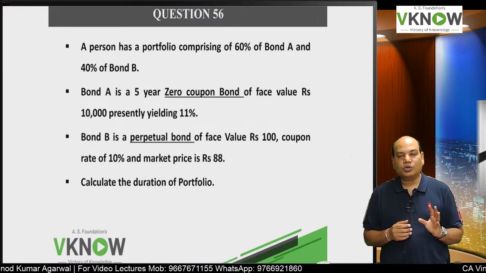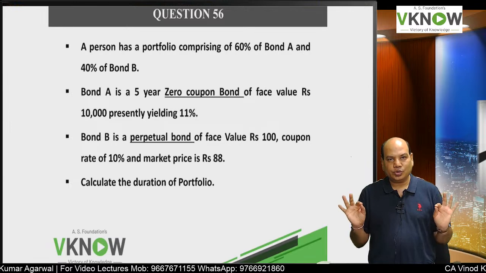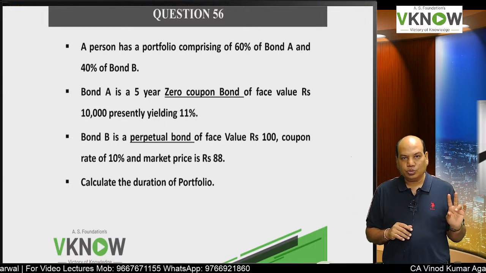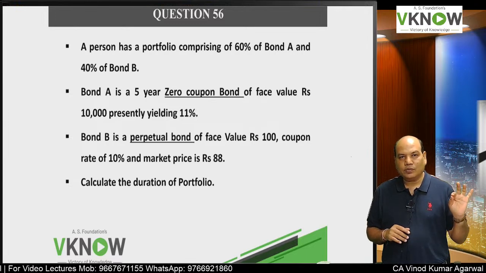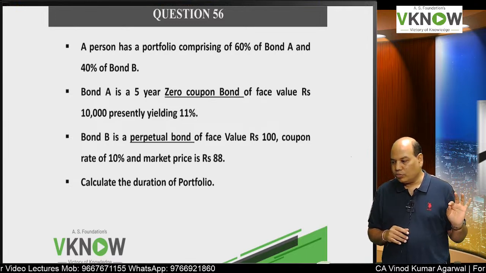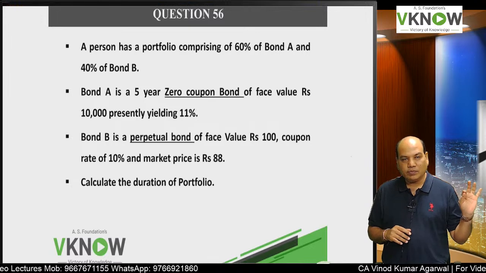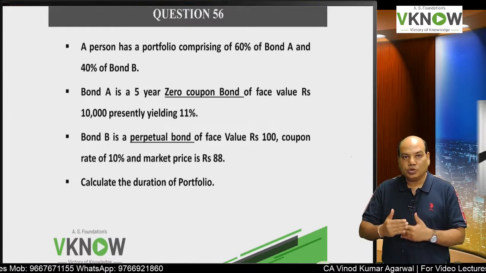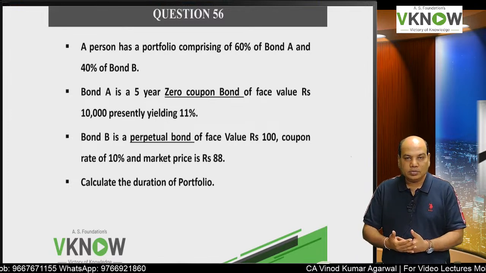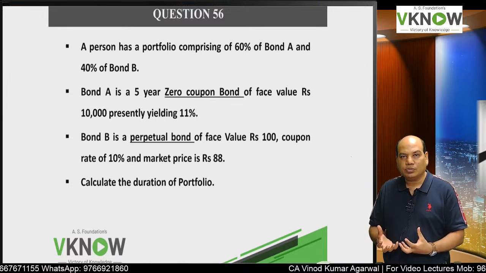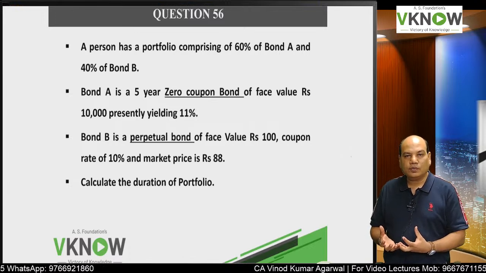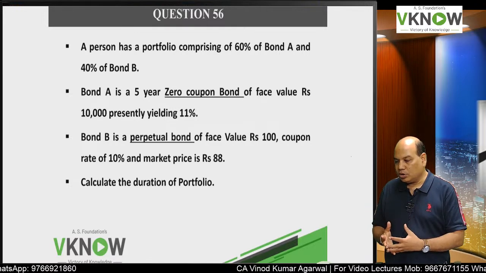So duration of portfolio is weighted average duration. Okay, that means I need two things. I need weight of each security. So weight of bond A is 60%, weight of bond B is 40%. Duration of zero coupon bond is 5 years. So first I need to find out what is the duration of that perpetual bond.